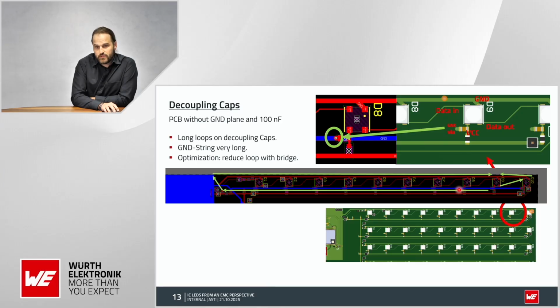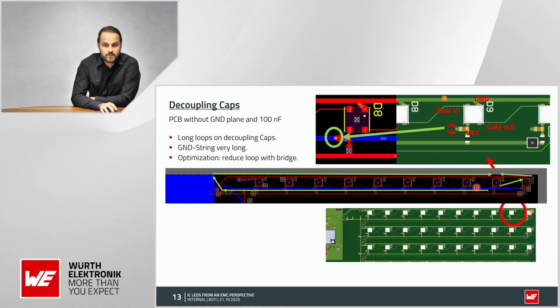And when we look at the last two LEDs of the string here, you will see that we have a very, very long trace or loop for the high frequency currents to run. We start here with the digital out, going to the digital in, returning via the ground here, and then the current needs to run back all the way to this ground of the cap.